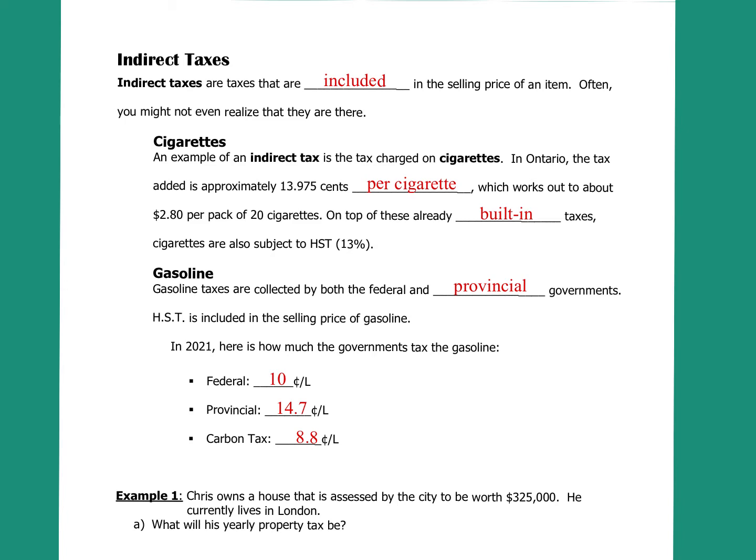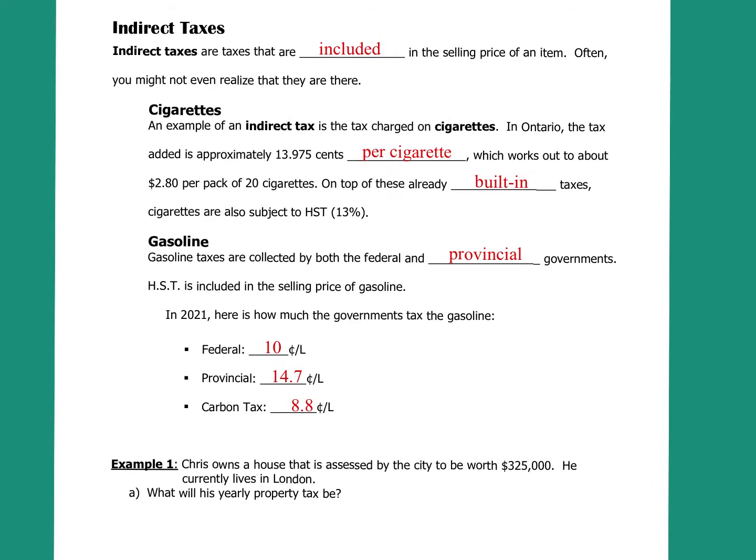So some examples of things that have this already built-in hidden kind of tax are cigarettes. So in Ontario, the tax added is approximately 13.975 cents per cigarette. So somewhere between 13 and 14 cents per every cigarette.